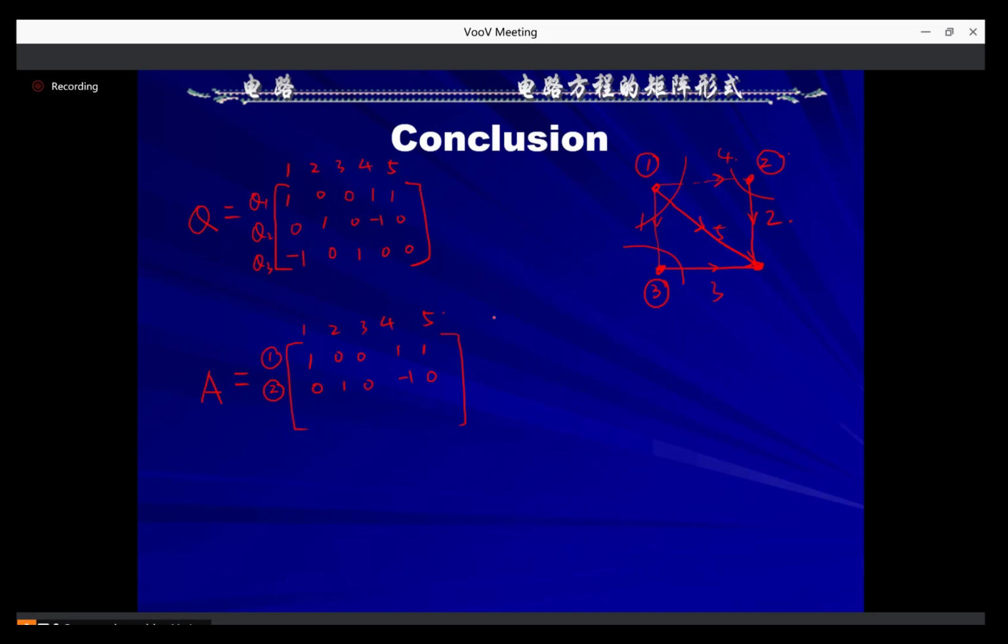For node 3 it will be minus 1, 0, 1, 0, 0. We can find they are equal. And we can define the node voltages as UN1, UN2, UN3.